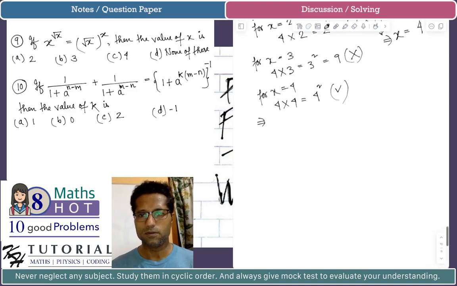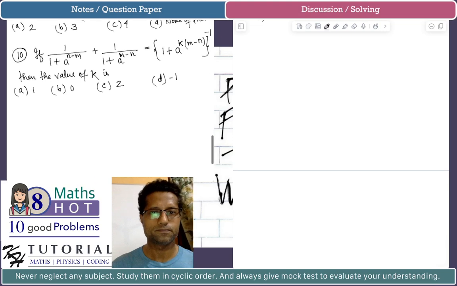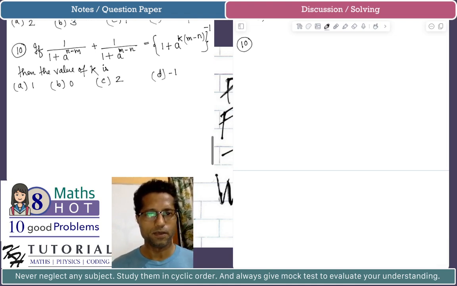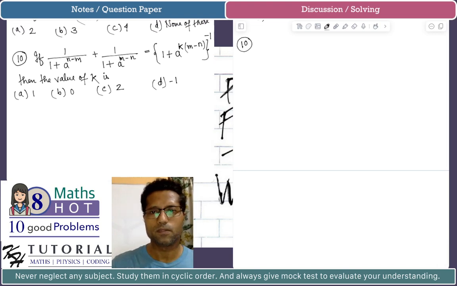Okay, let's do the last problem, problem number 10. An equation is given, and we have to find the value of k. Okay, so let's write down what is given.